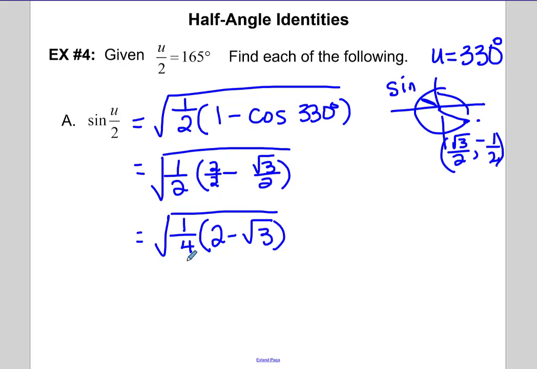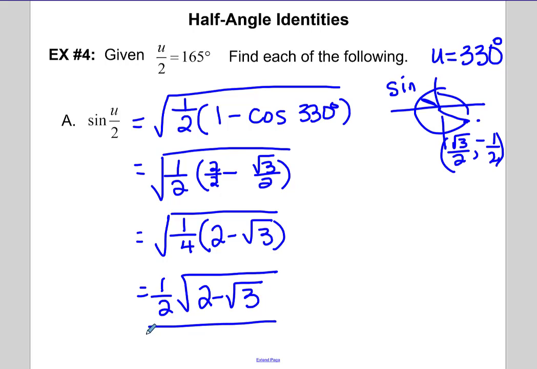And then we can use properties for square roots and take the square root of 1/4, which is 1/2, and bring that outside and end up with 2 minus the square root of 3 under the radical for our half angle identity, or the exact value for the sine of 165 degrees. This is the exact value.